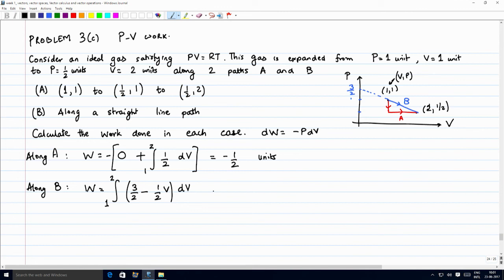And what I will get is, the first term will give me 3 by 2 V from 1 to 2, that is 3 by 2. And what you have is 1 by 2 times the integral of V dV, which is V squared by 2, from 1 to 2.